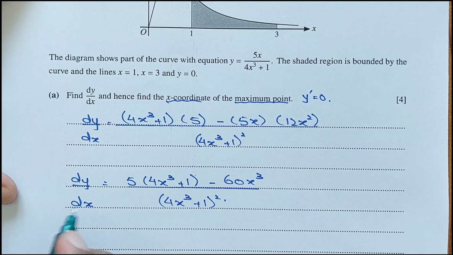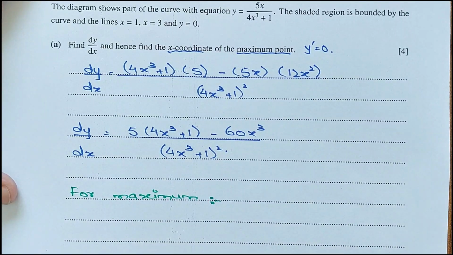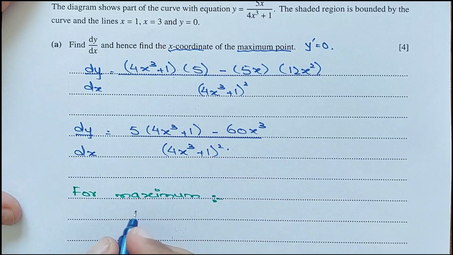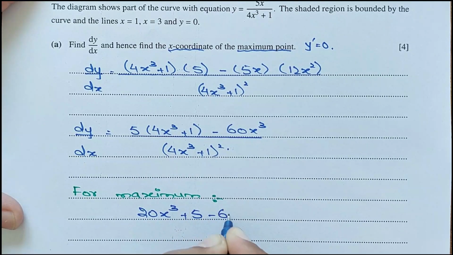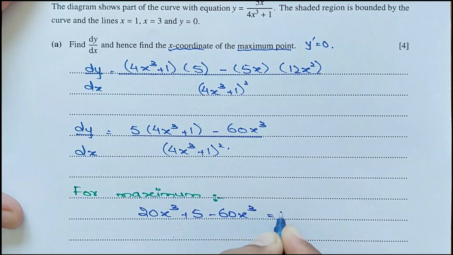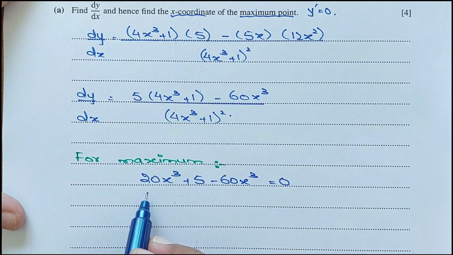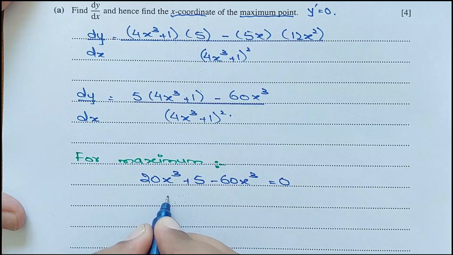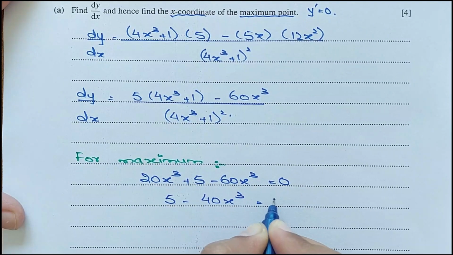Now for maximum, we have to put this gradient equal to 0. So when the gradient is equal to 0, 4 times 5 is 20 x cube plus 5 minus 60 x cube, this would be equal to 0. The denominator function multiplied with 0 would be 0. So 20 minus 60 is minus 40, so 5 minus 40 x cube would be equal to 0.